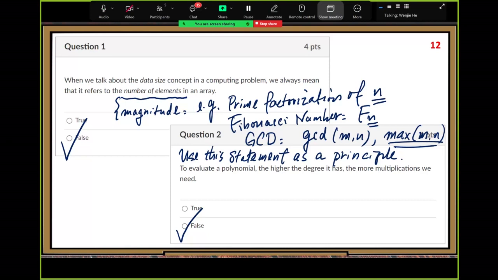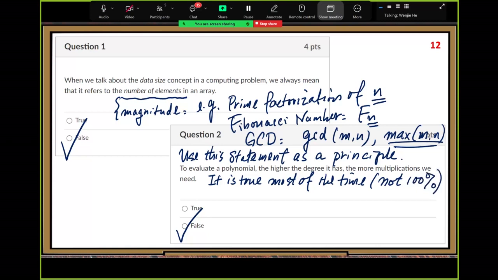When we talk about a principle, we mean this statement is true most of the time, but not 100% true.